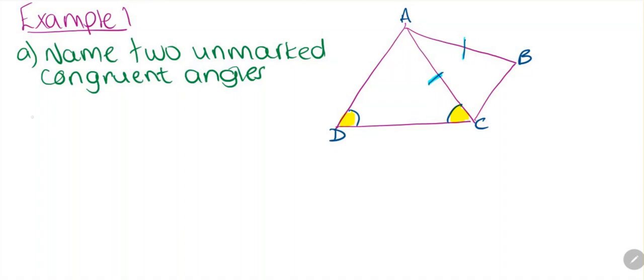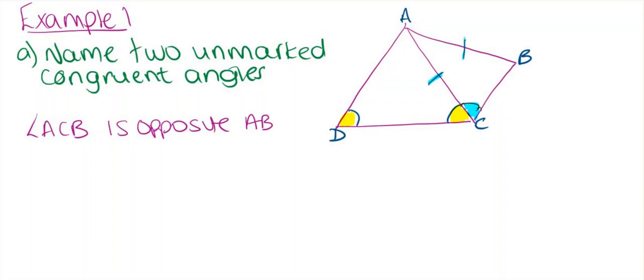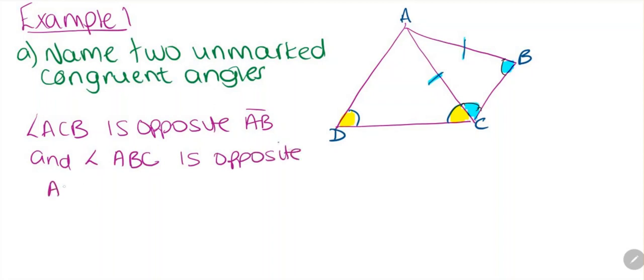So we have angle ACB is opposite AB, and angle ABC, which is this one here, is opposite the line AC or side AC.